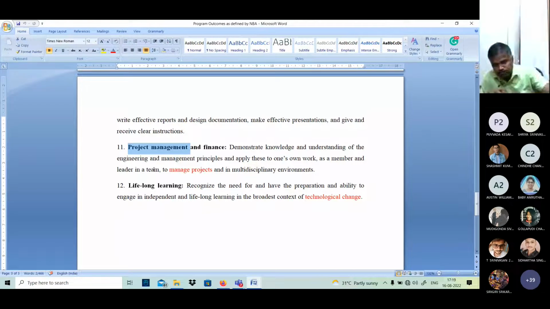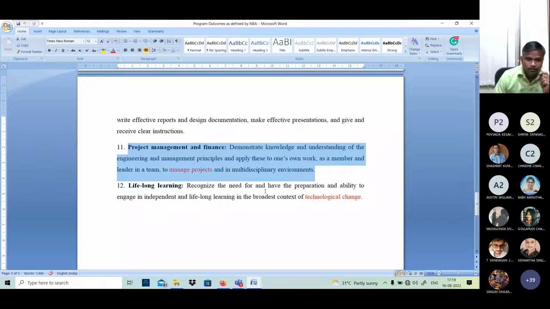Completion of the project on time, and being able to spend the amount for the reasonable work and managing that amount. So everything comes under the program outcome, project management and finance.